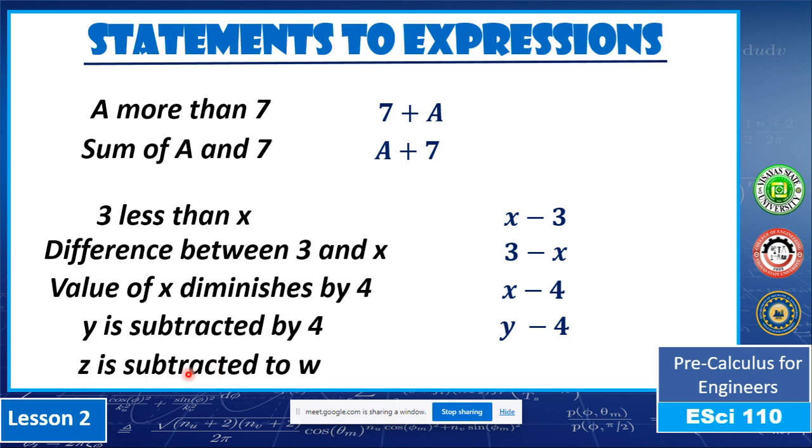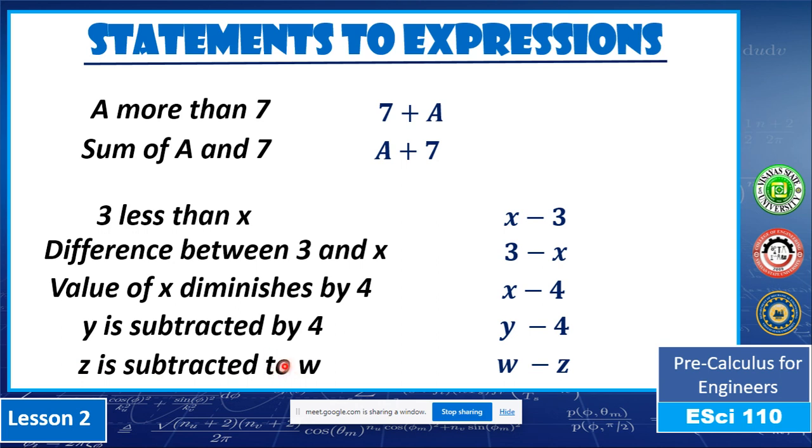However, on the last part, when we say z is subtracted to w, z is being subtracted from w, so it means w is the one being reduced, not z being reduced by w. So it's the other way around, and we can write this as w minus z.